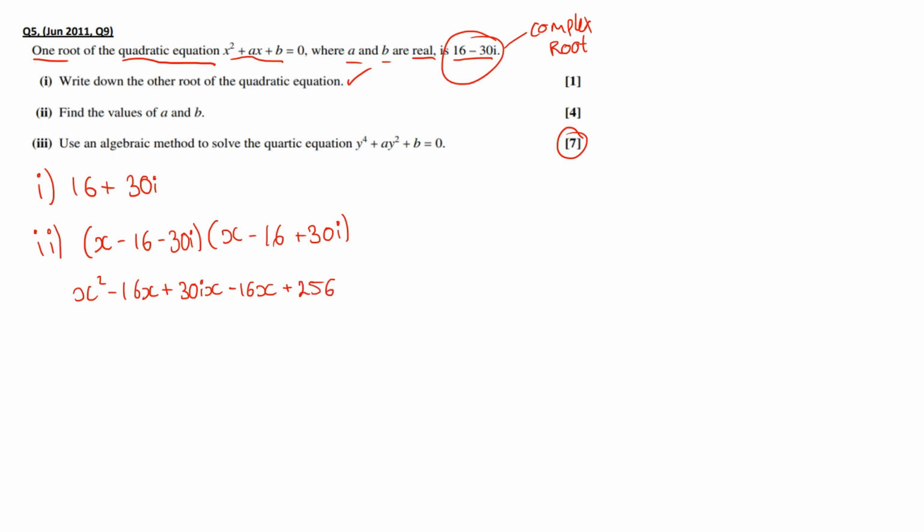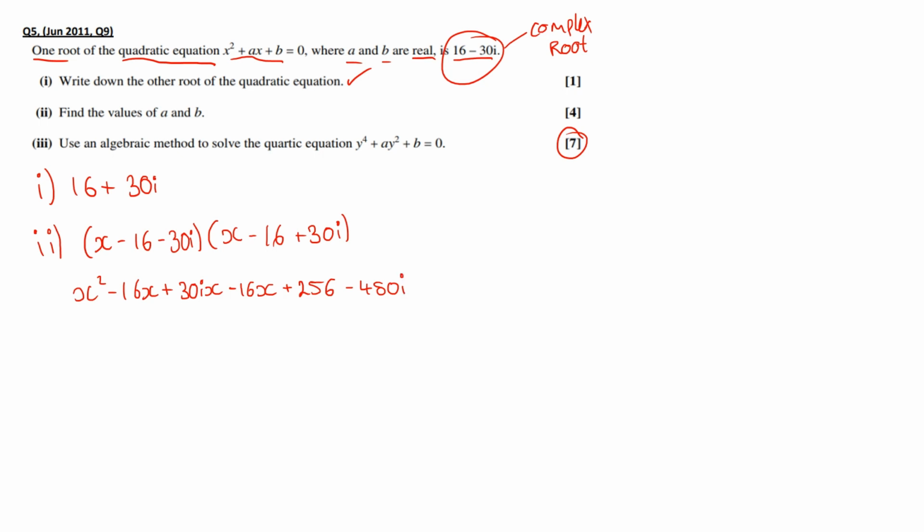I feel like I should have known that. So we've done minus 16 times minus 16, now minus 16 times 30 is going to be minus, 16 times 30, 480, minus 480i.